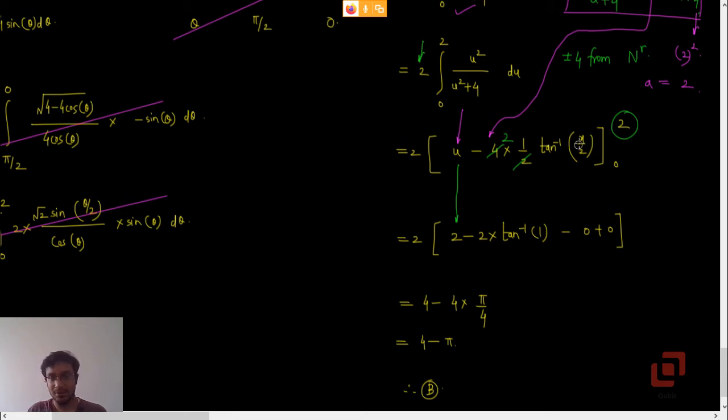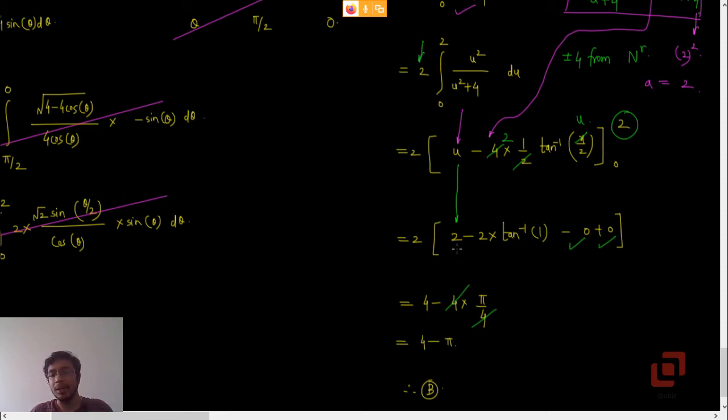Here instead of x I should have written u. So tan inverse of 1 minus, for the lower limit 0, tan inverse of 0 and u is 0. Because the lower limit is 0, both these values are 0. Tan inverse of 1 is pi by 4.